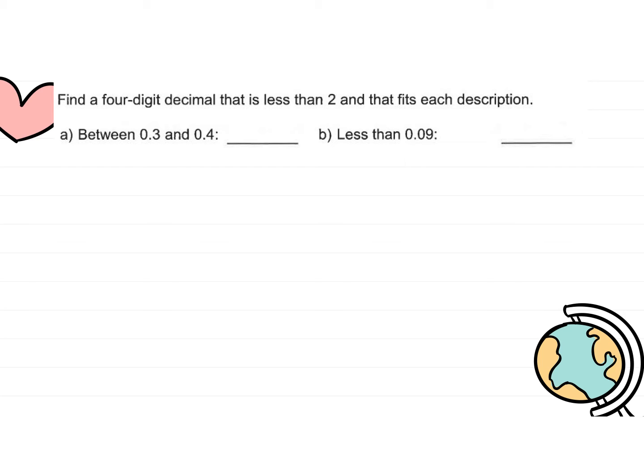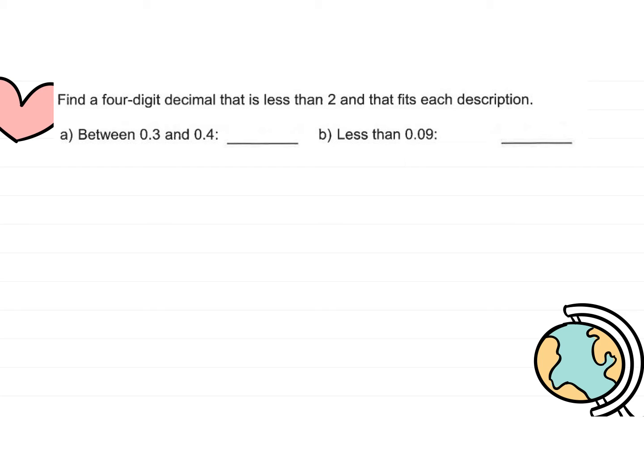If you had a number that started with 0.4, the only number that you could put would be 0.40, because it needs to be between 0.3 and 0.4. But this is actually the number 0.40, so this one wouldn't work. Any number that starts with 0.3 would fit in between 0.3 and 0.4.